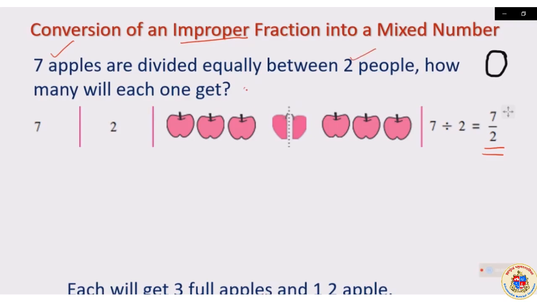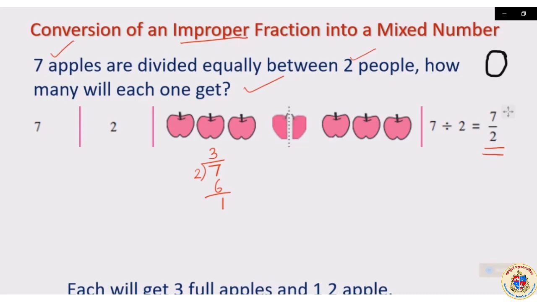When we divided 7 apples among 2 people, we got a mixed number. So how to get that mixed number? We have to simply divide the numerator with the denominator. Here in this case numerator is big in an improper fraction. 7 upon 2, that means 7 divided by 2. 3 times 2 are 6, and naturally remainder will be there. 1 is remainder, and we write 3 and 1 upon 2.